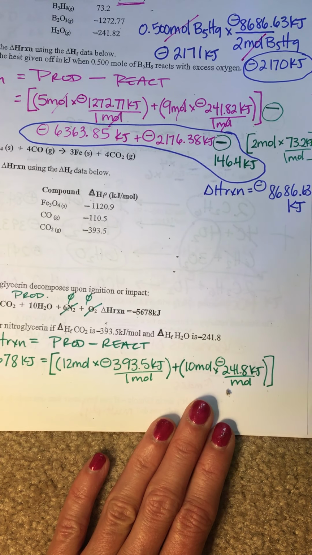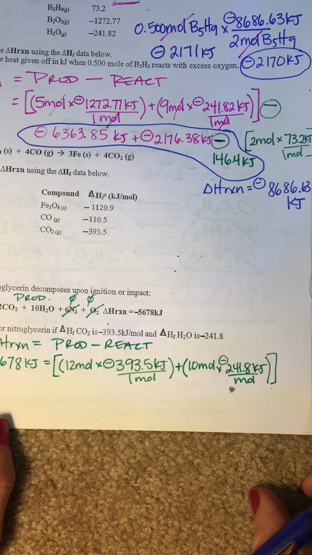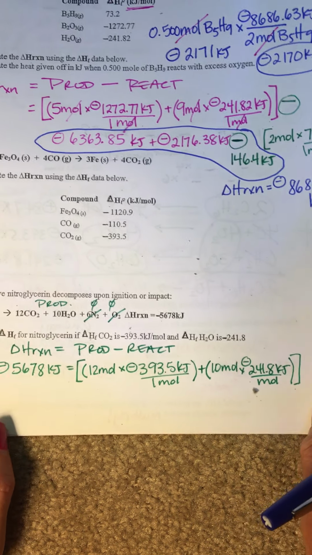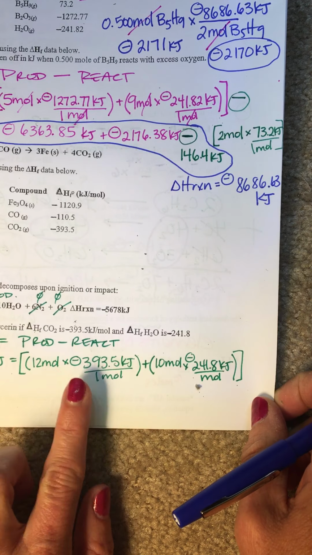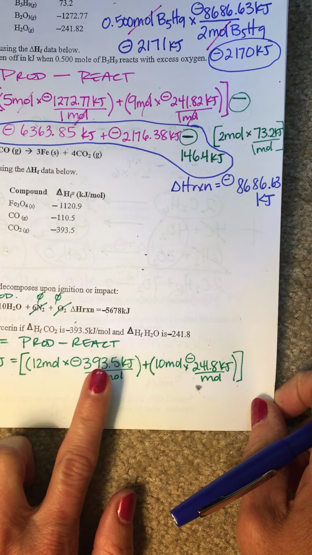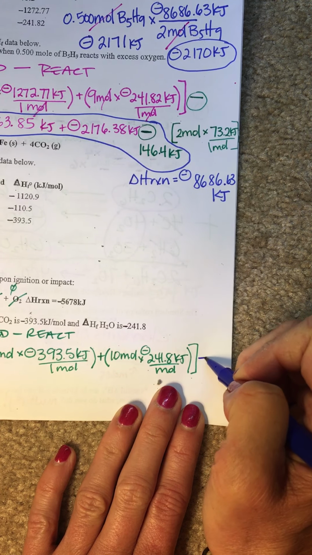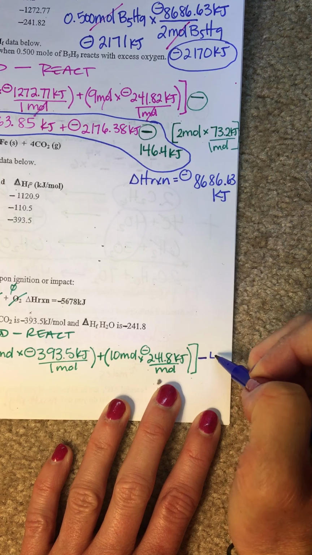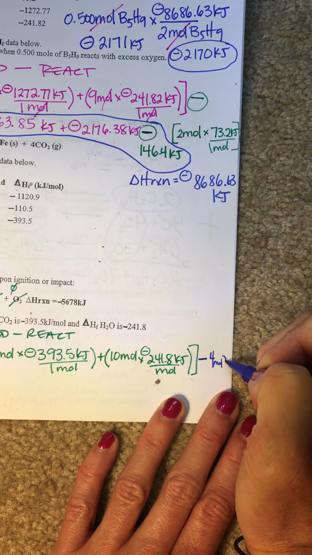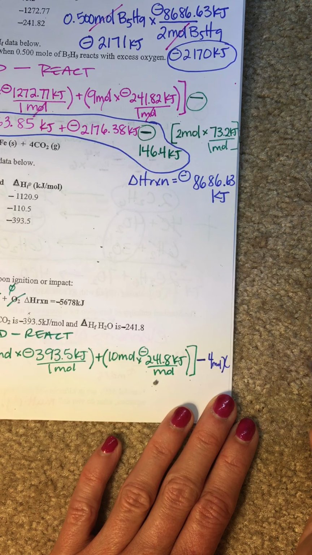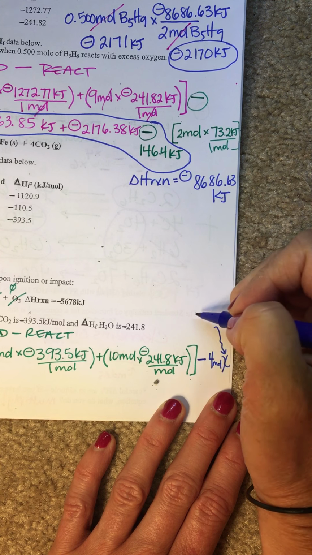And then our reactant. Well, don't forget, some people just go minus X. Well, we don't want just minus X because we have four moles of it. So just like we did here, moles times heat of formation, moles times heat of formation. So now we've got to subtract out, and we should have 4 moles times X, right? So again, our X is what we're solving for.